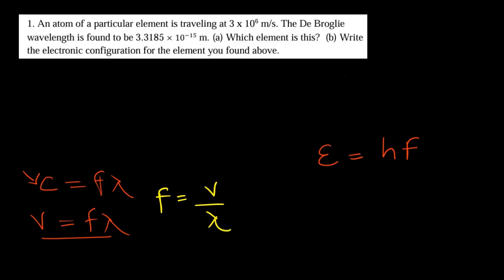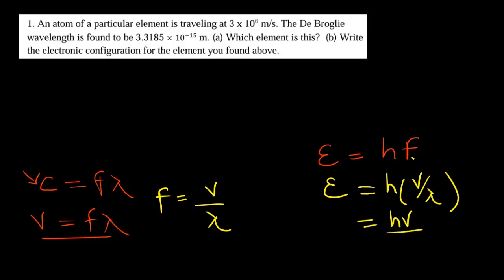So from this formula, we can say energy is equal to Planck's constant, and where there's f here, we put the speed over the wavelength. So we end up with Planck's constant multiplied by the speed divided by the wavelength.